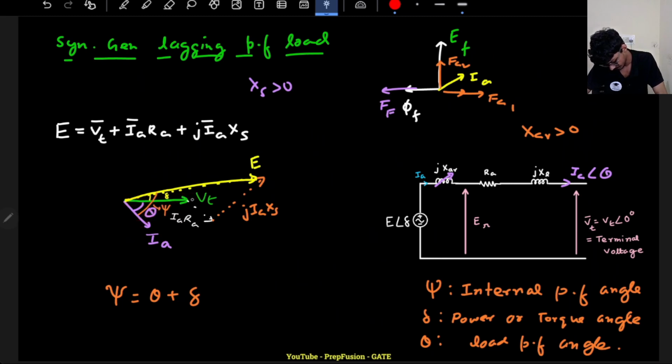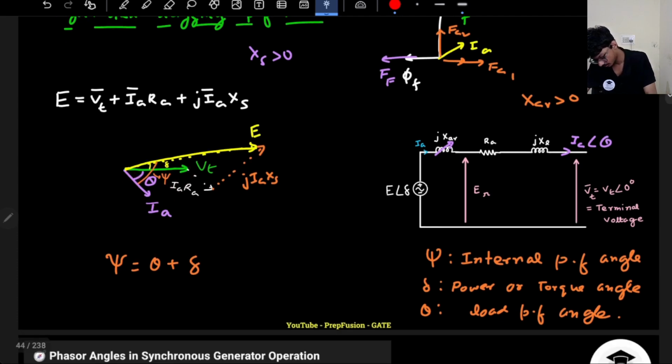This overall thing is Vt, and this is theta, so Vt cos theta and Vt sin theta. This is I, and I want to draw this triangle.